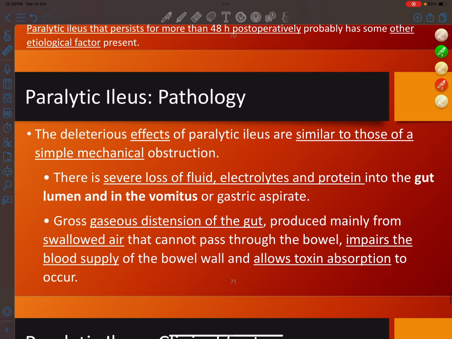And we treat on the same principles of intestinal obstruction. We keep him NPO, we decompress him with an NG tube, we give him enough IV fluid and electrolyte replacement.